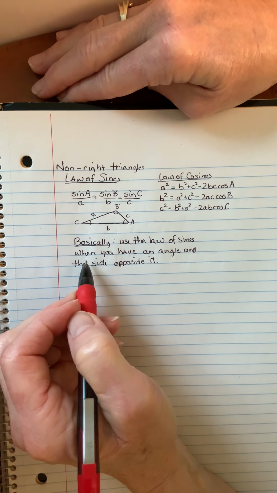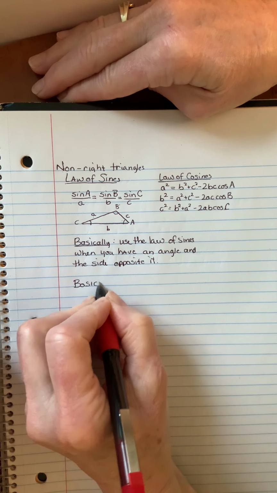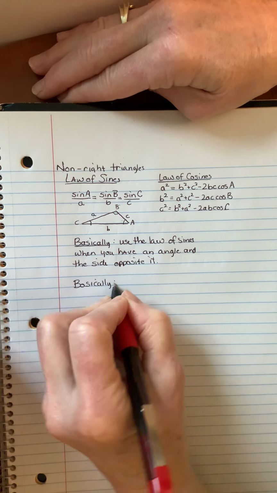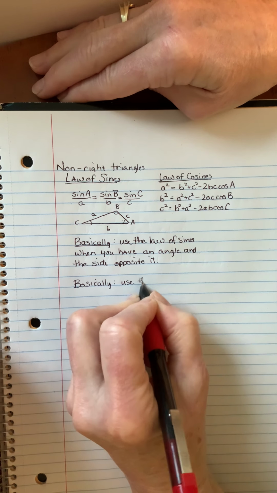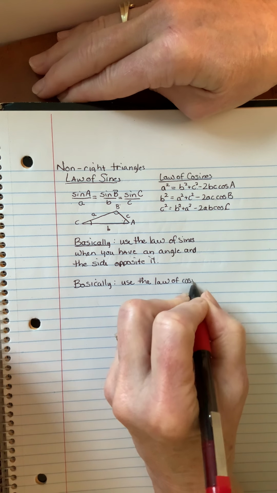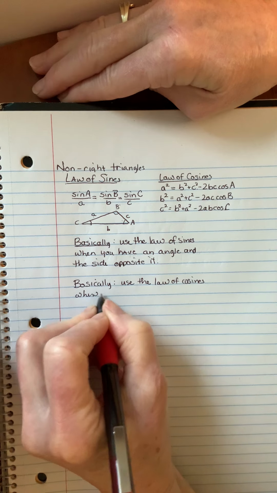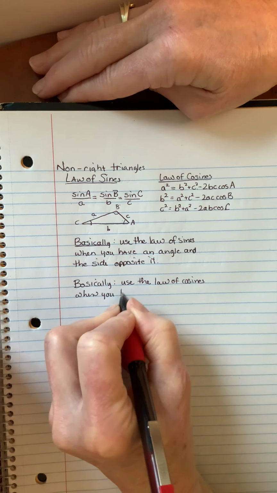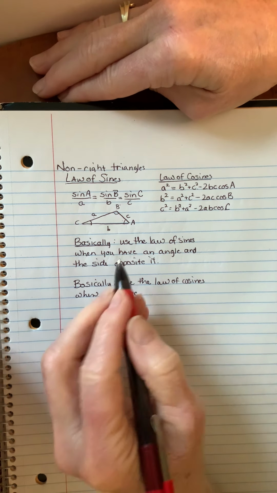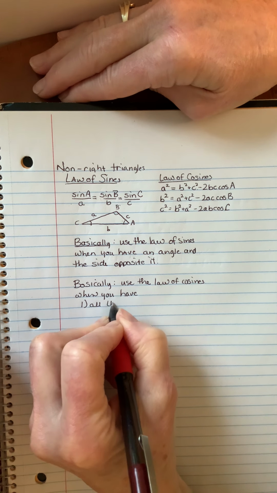Basically, you use the law of cosines when you have, first of all, maybe all three sides.